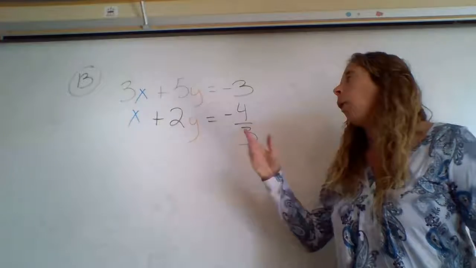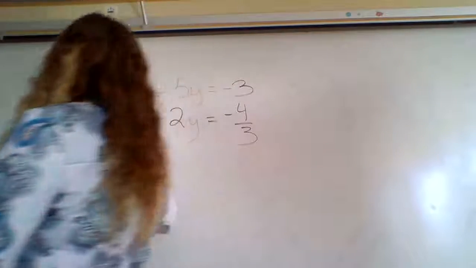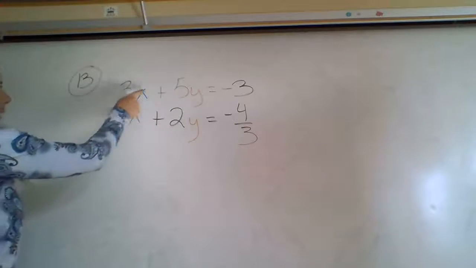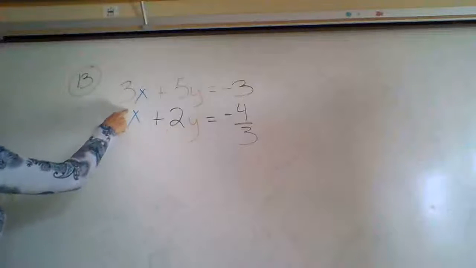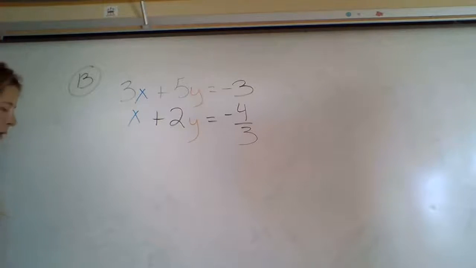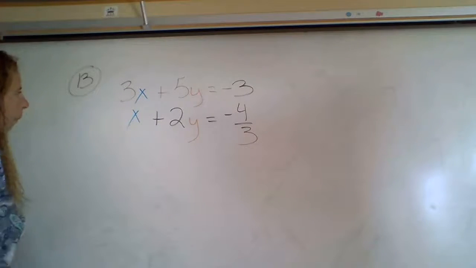Another reason is you have no matching coefficients. This is like the last two problems we did in class. You don't have any of the same coefficients. 2 and 5 are not the same. Remember, there's an invisible 1 here. 1 and 3 are not the same. So what can I do to make my coefficients match so that I can eliminate them?